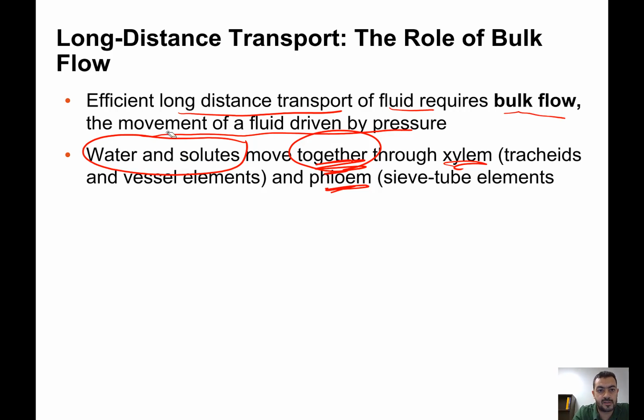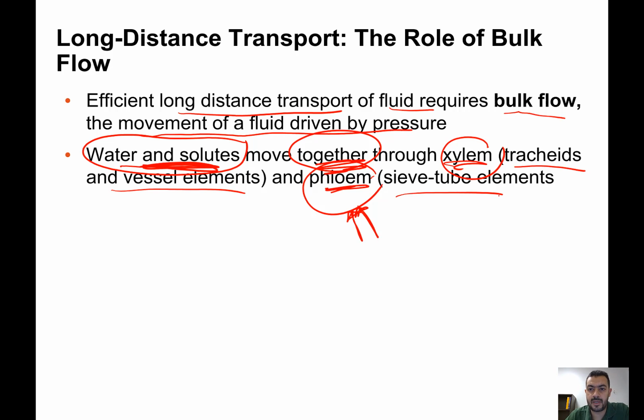So this requires the movement of water and solutes together, and this happens through both xylem and phloem. The movement through the xylem, tracheids and vessel elements, will be covered in a next video. Here we are going to continue our focus on phloem and the transport of sugars and the role of the sieve-tube elements, which we covered before.